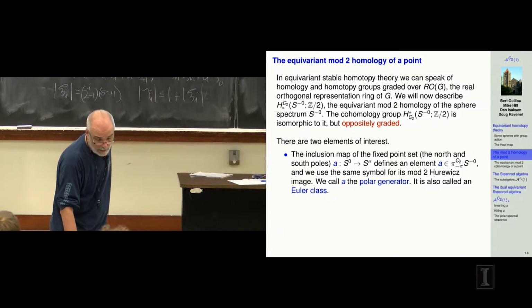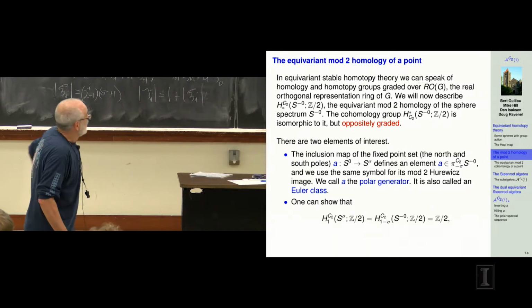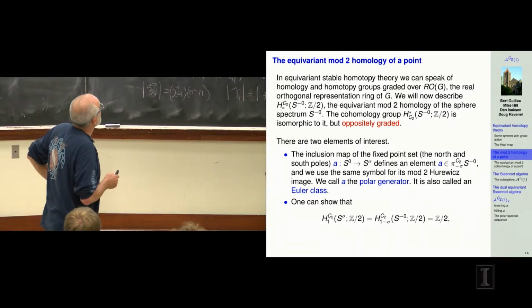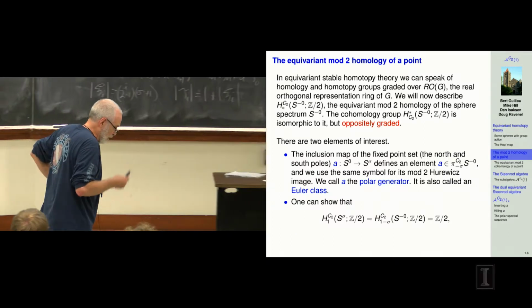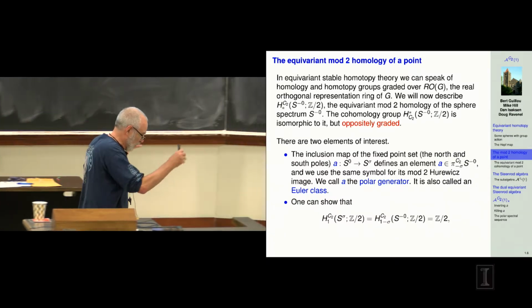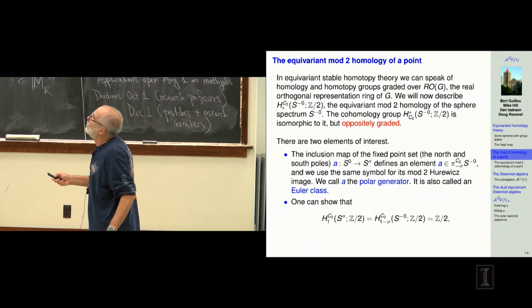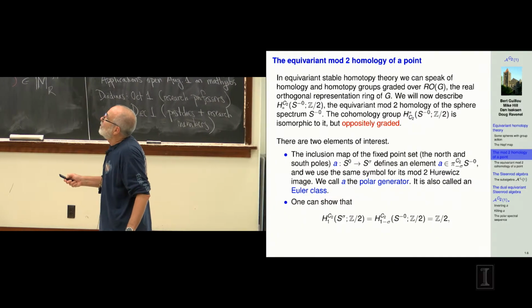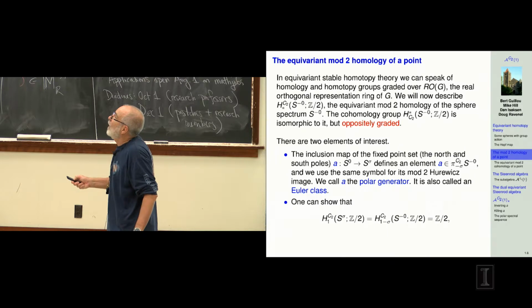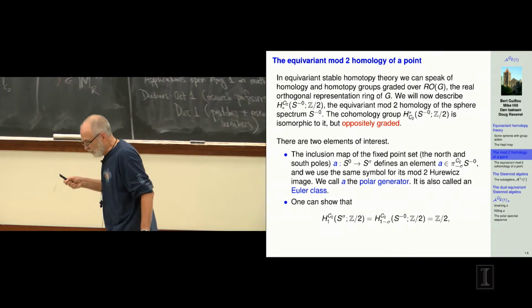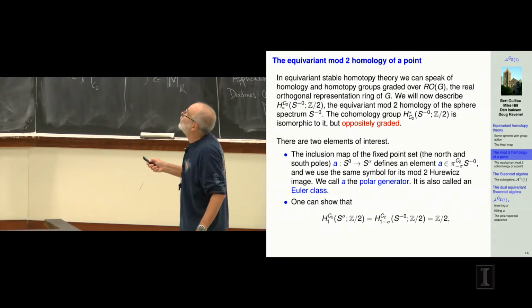Okay, that's one class. Now, it's possible to calculate the equivariant homology of the twisted sphere. I'm not going to give you a textbook explanation of how that's done, but I think you could probably be willing to believe that the mod 2 H1 of the twisted sphere, suitably defined, is Z mod 2.